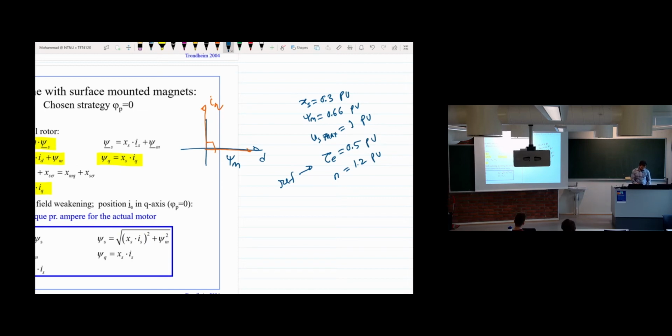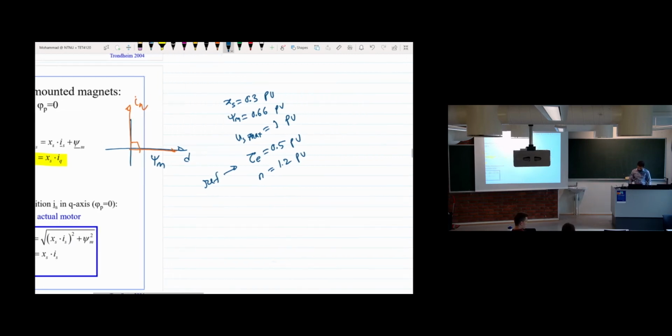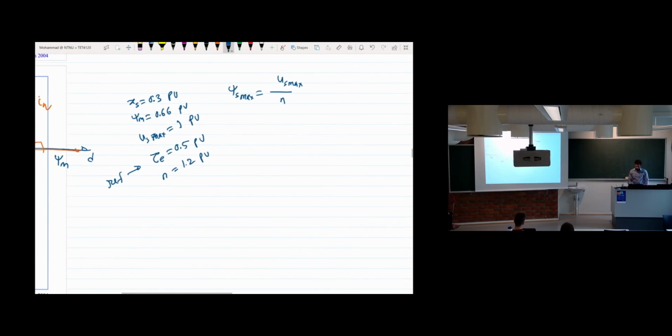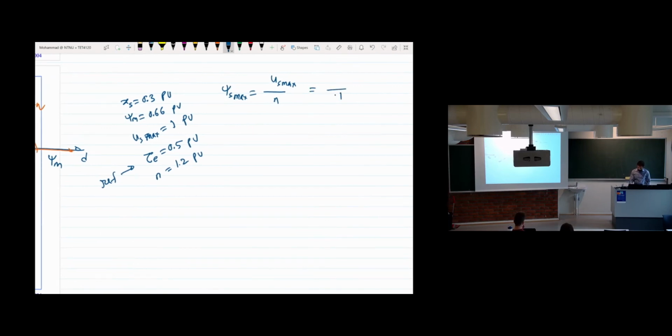So we want to look at the machine condition. First, we can say the maximum stator flux linkage, psi s max, is Us max divided by speed. So when it's low speed, like if the speed is 0.1 and Us max is 1, then it's 10. So you have a lot of stator flux.